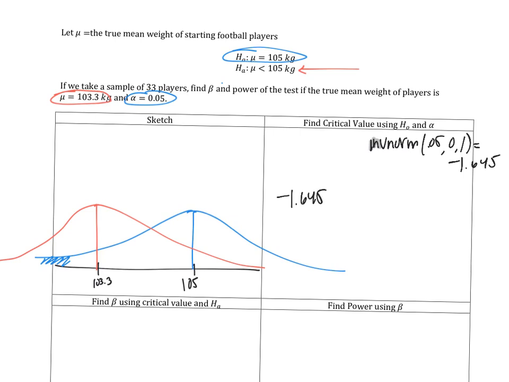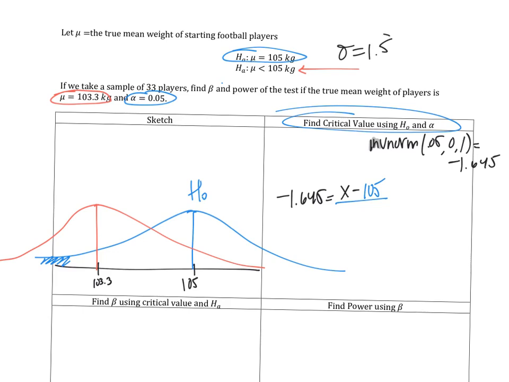Negative 1.645 is equal to x bar minus mu. Remember, we're on the null curve right now to find that critical value. So mu is 105 over our standard deviation. Oh, I forgot to write it in for you guys.